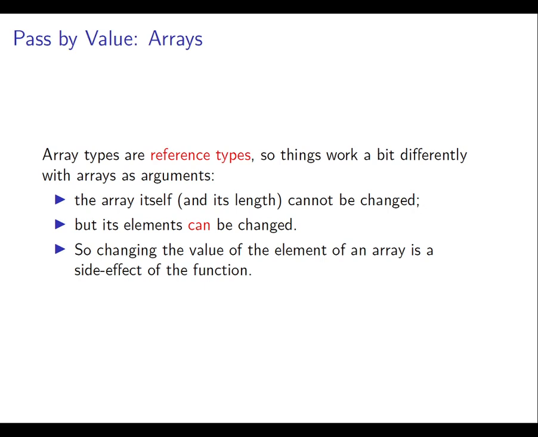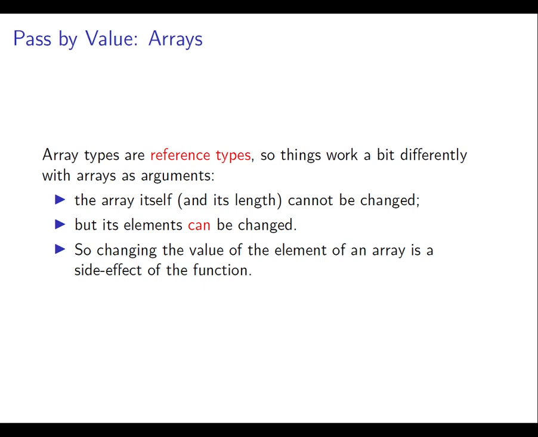So when we copy the name of the array into a function, we make a new copy of a pointer to the place in memory where the actual data is stored, but we don't make a copy of the data. And that's why when you pass an array into a function, you can change the elements of the array, although you cannot change the array itself, like its length and its type and so on.